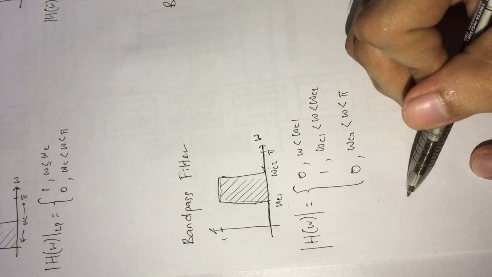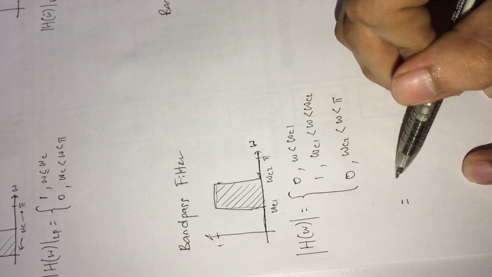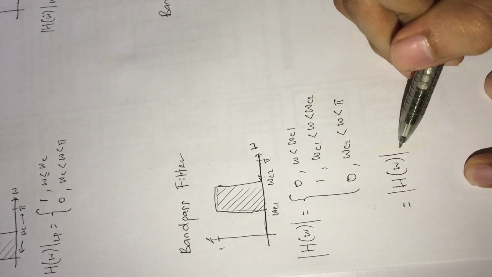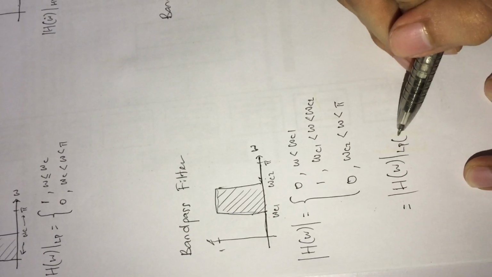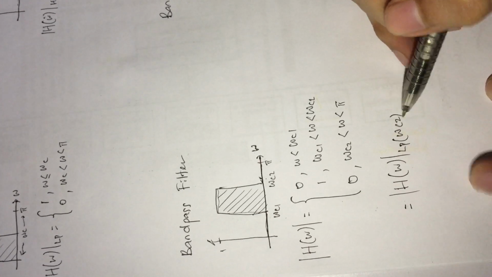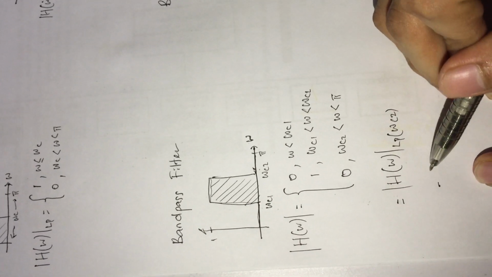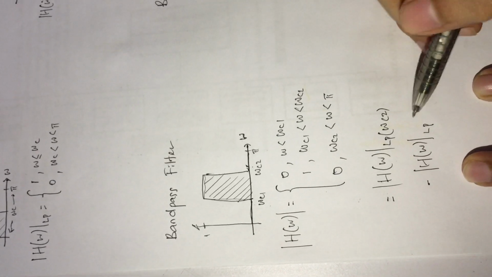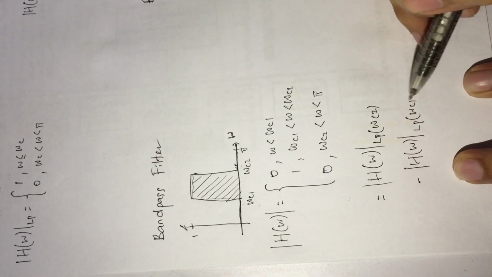Or you can also use this equation: the low pass filter of cutoff frequency 2 minus the low pass filter of cutoff frequency 1.